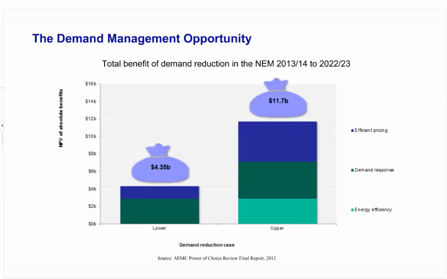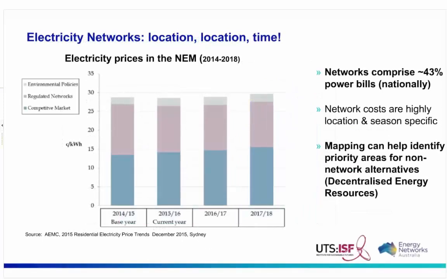So in terms of the costs that are driving our electricity bills, there are a number of dimensions, but a key element, and this is, I guess, where the role of networks really comes to the fore. From our perspective at ISF, we see networks as playing not a lesser role, but in fact a more important role in the future of the electricity system, but it's a dramatically different one.